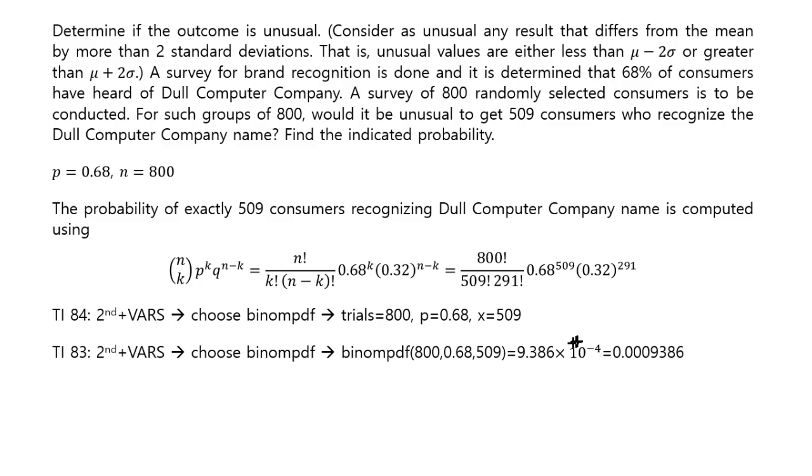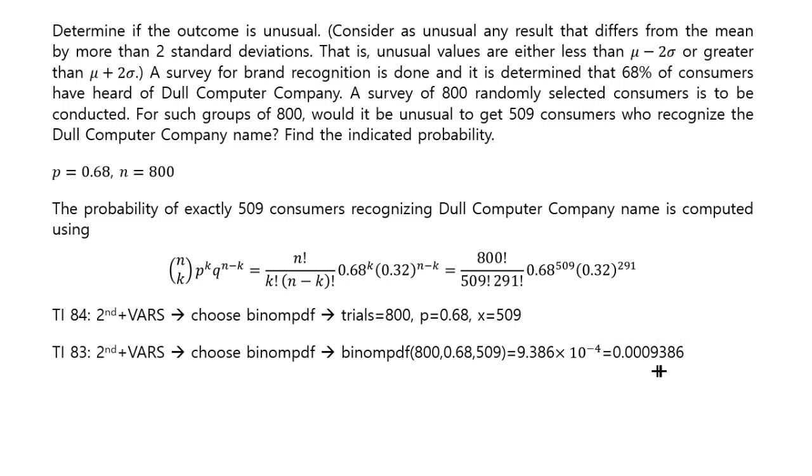And because each power of 10 to the negative 1 moves the number to the right of the decimal, it goes 1, 2, 3, 4. So the actual number, if you wrote it down, would be this one. Okay, so that's the actual probability of getting exactly 509, which is to be expected.